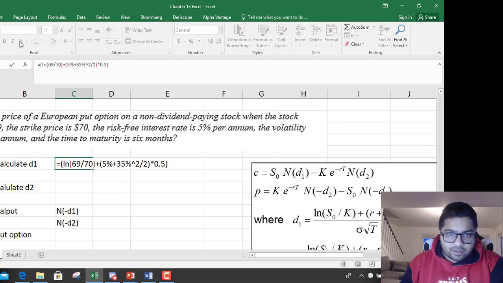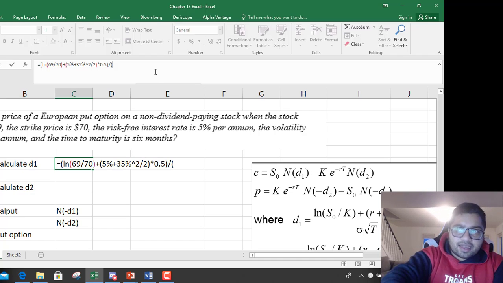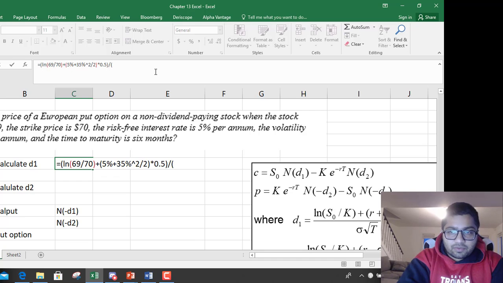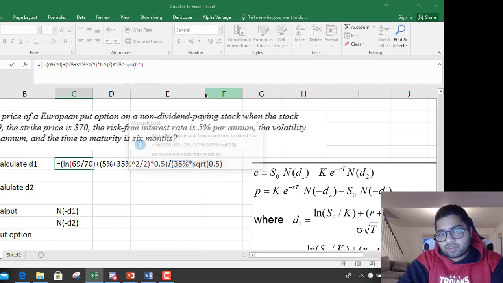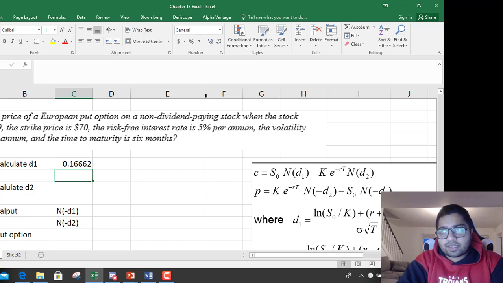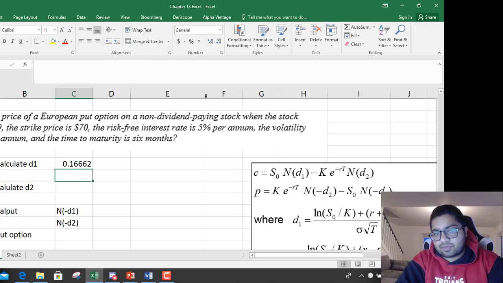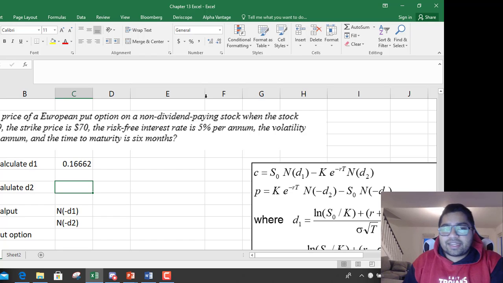Okay, so this was first bracket. All brackets are closed. Divide this by volatility sigma, so 35% times square root of 0.5. So if you solve this, it is 0.166 something.